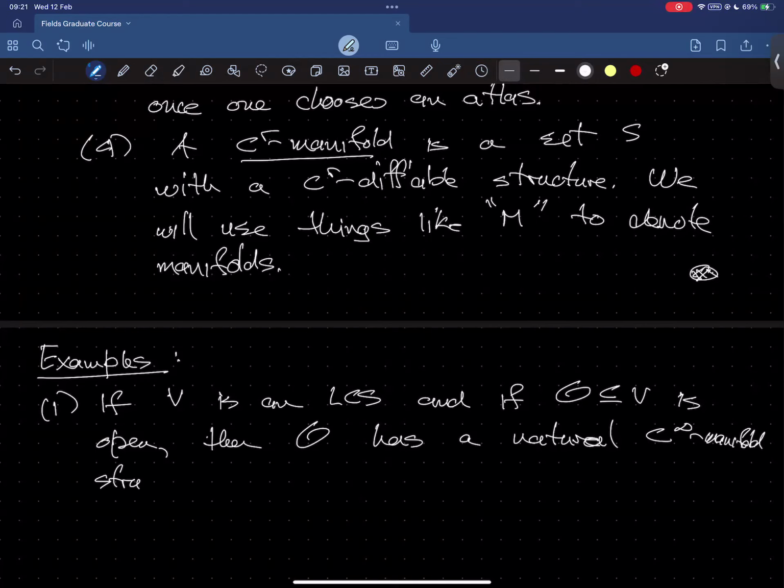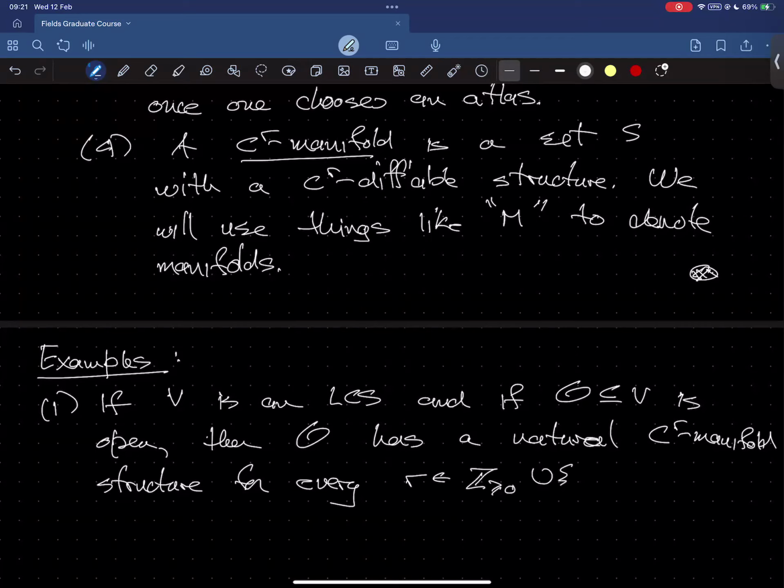Let me write that differently. So it has a natural C^r manifold structure for every r. Okay.